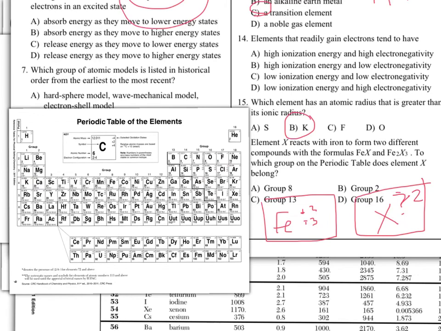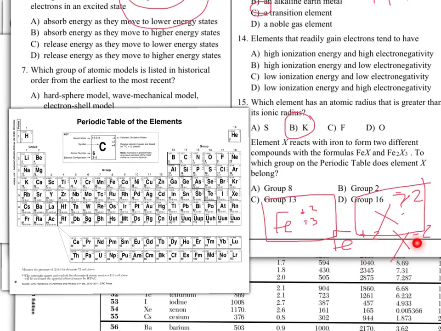Now, to further make sure that 2 is a good number, let's look at the previous formula for iron with X, and it's FeX. Now, since iron has the oxidation state of +2, if X had the oxidation state of -2, recall that we'll cross the oxidation numbers and then we'll reduce. 2 to 2 reduces to 1 to 1.